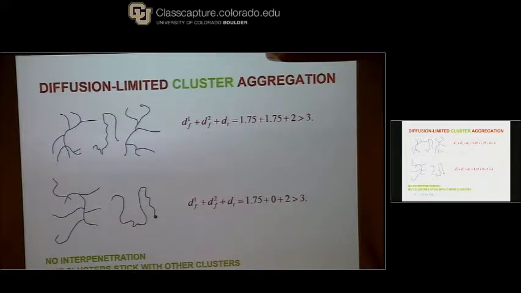Then if I sum this, it would be 1.75 plus 0 plus 0. It's less than 3, so it can go inside. So this is just a way of qualitatively understanding the nature of how things combine and how things structure. It doesn't tell you the details, but it gives you some sense of the kind of structure that you're going to get.